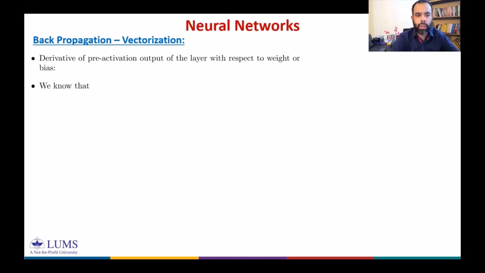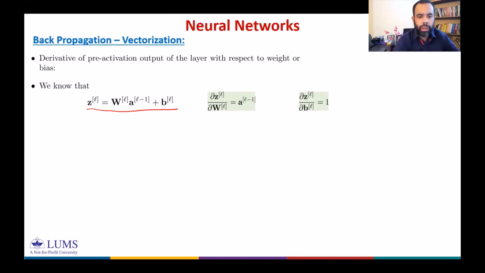From the forward pass equation, the derivative with respect to W is simply A^(L-1), and the derivative with respect to bias is simply 1. As I said earlier, these two derivatives are super simple and very easy to compute.